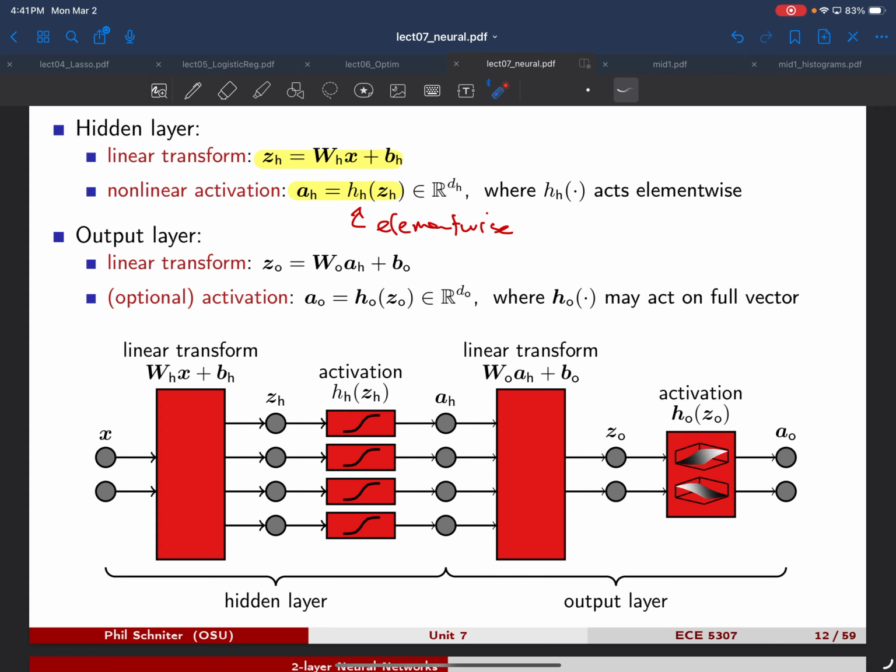And we have an output layer that could give us multiple outputs, depending on our application. And then we have an output activation. One difference is that while these almost always act in an element-wise fashion, the output one actually could be like a vector in, vector out.